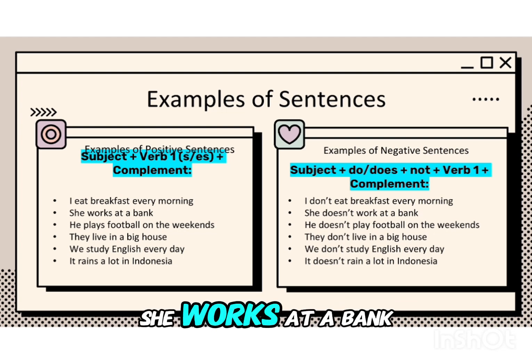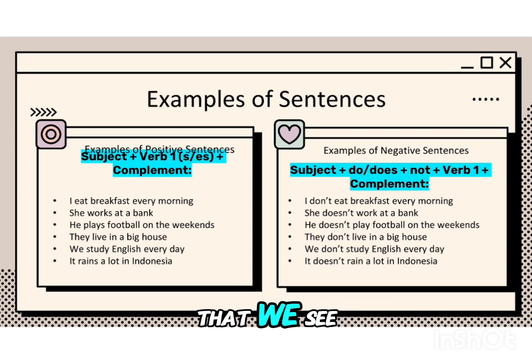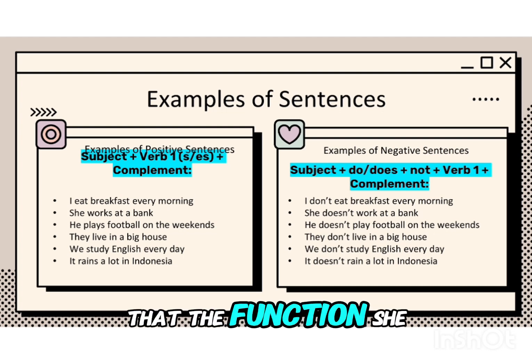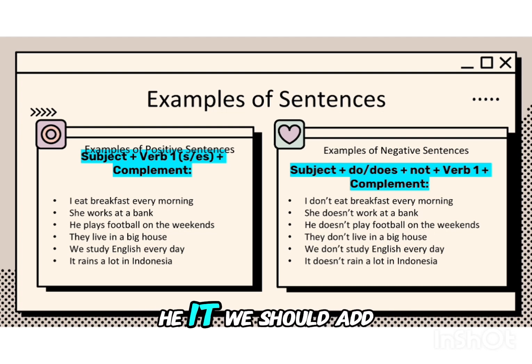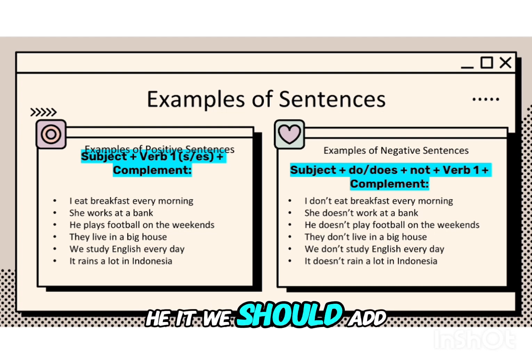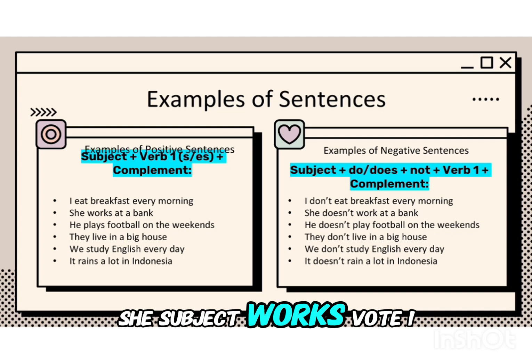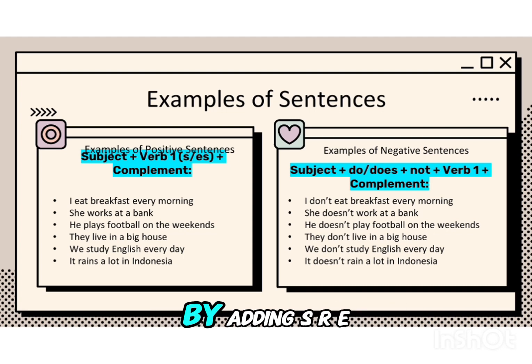She works at a bank. That we see she works, using s by adding s. For she, he, it, we should add s or es in the sentence. She, subject, works, verb 1 by adding s or es.